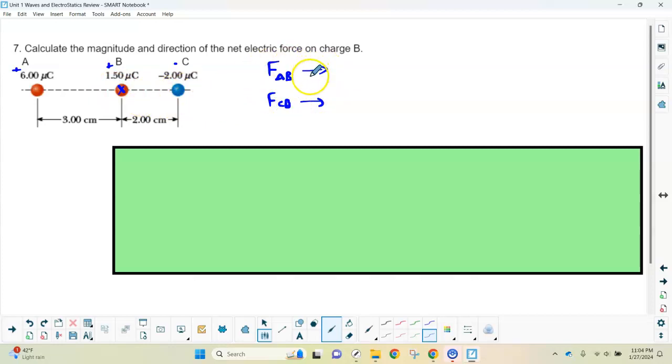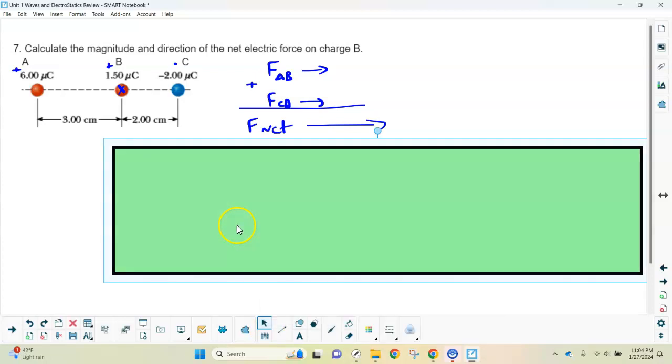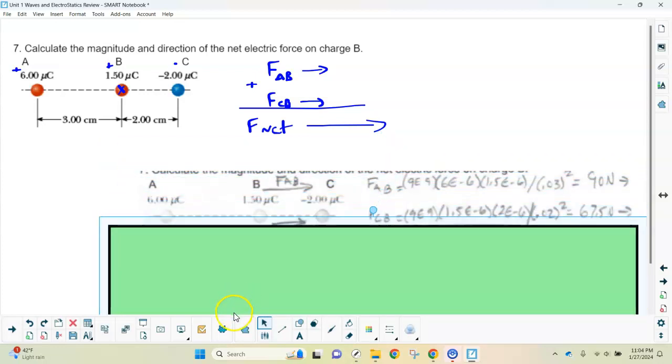Once we figure out the numbers, we're going to add them together to get the net force, which is going to be the sum of those two vectors going to the right. So the overall one is definitely going to go to the right. That's the logic behind it. Without even knowing the numbers or how to calculate anything, you could figure out the directions. So I drew that out here.